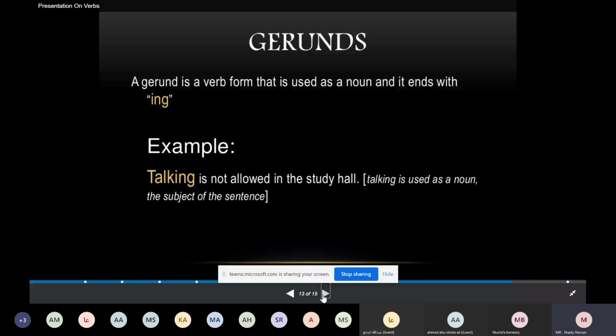Talking is not allowed in the study hall. So here, the word talking is a gerund. Here we are using the word talking as a noun. So the thing that is in this sentence is talking. So talking here is the doer of the verb, and it acts as the subject for this sentence. Talking is not allowed in the study hall.